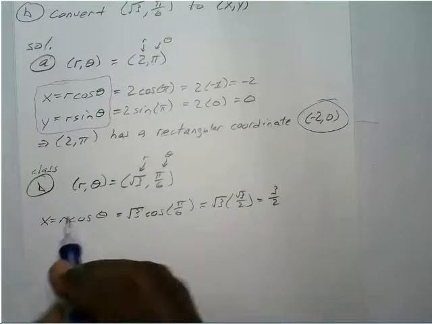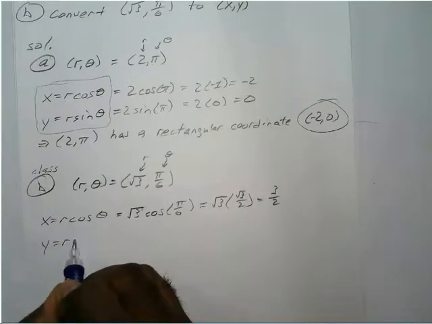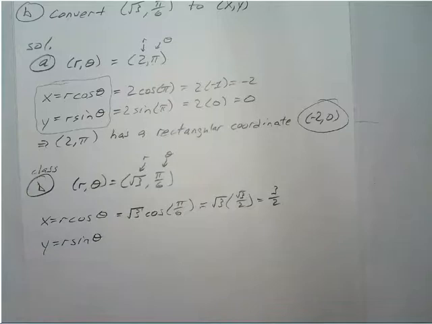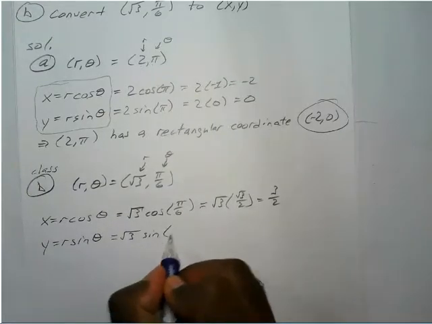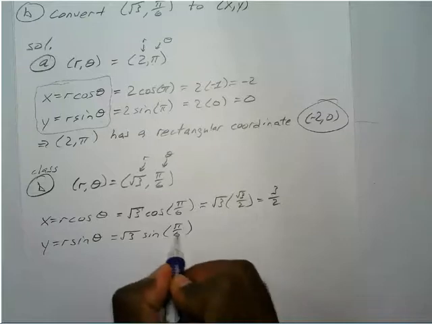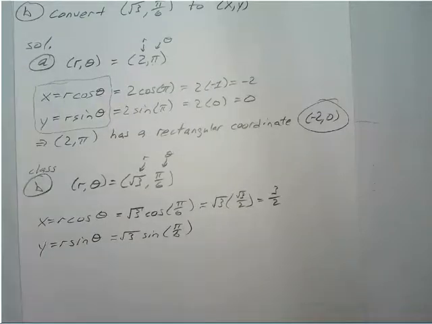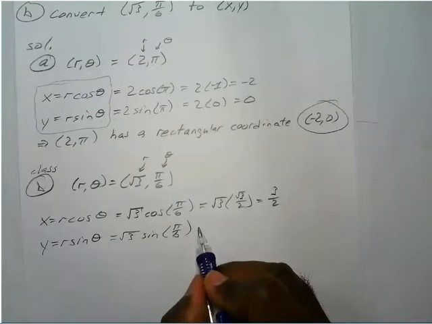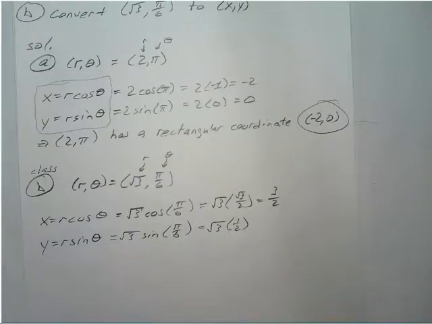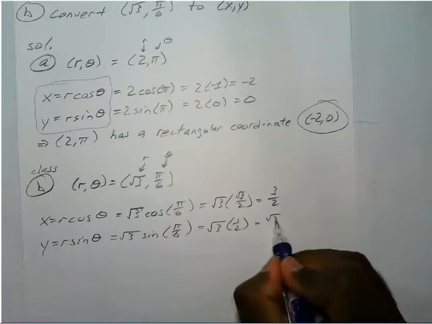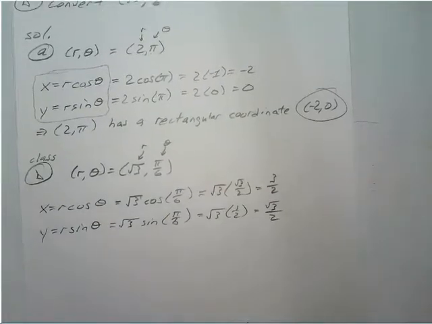Same thing with y. Y is equal to r sine of theta, which is square root of 3 sine of pi over 6. Sine of pi over 6 is 1/2, so that's square root of 3 times 1/2, which is square root of 3 over 2.